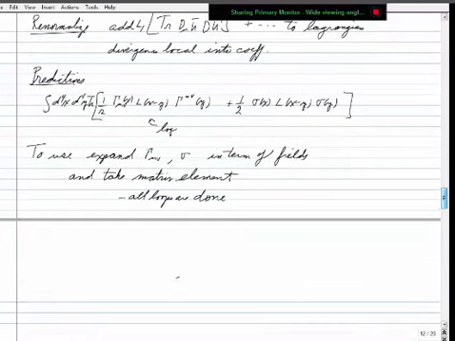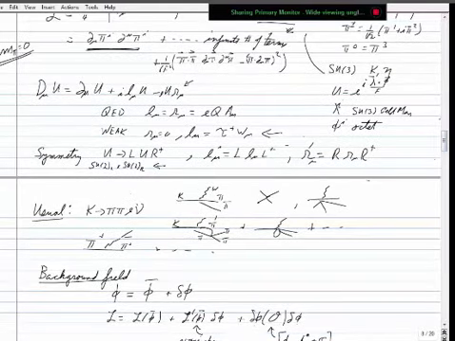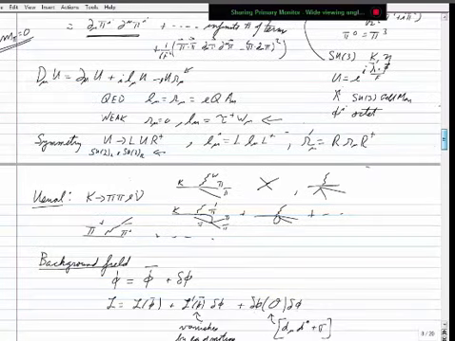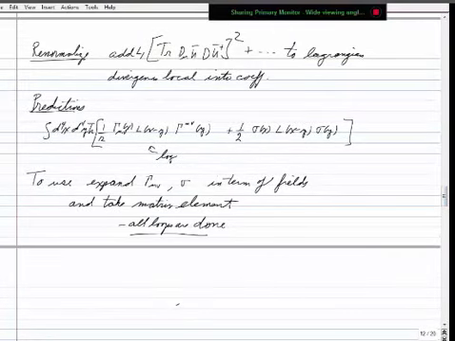This guy is, let's call it L1, some number. But I've renormalized the theory. And then I have leftover predictions, which is the rest of the action.